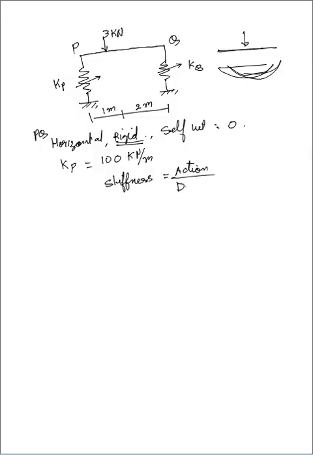They have given us the spring constant; they can write it as spring constant or stiffness, both are one and the same thing. Now they have asked us to find the value of Kq, the spring constant or stiffness of the other spring.